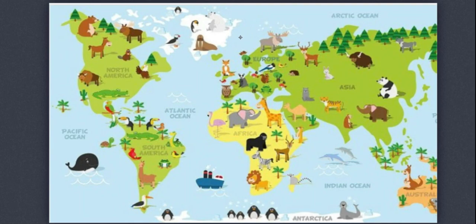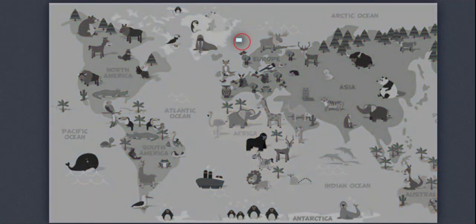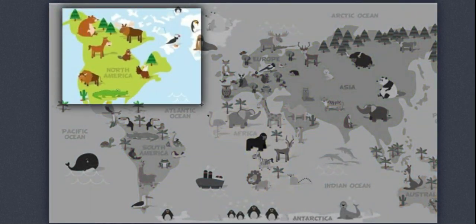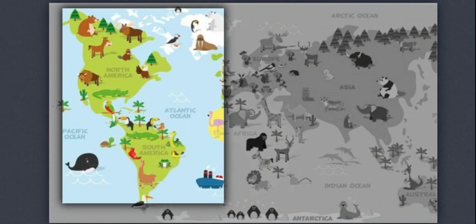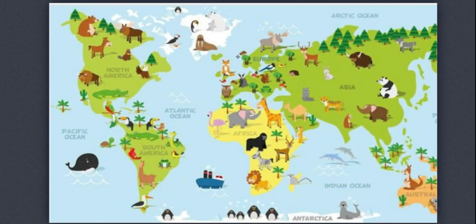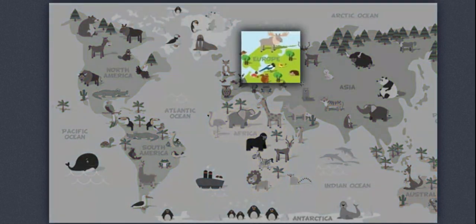Now let's move on to Europe. As we did North America, we also did South America. So we covered, let's see, this much of the map, right? Now we're going to move over to this place.